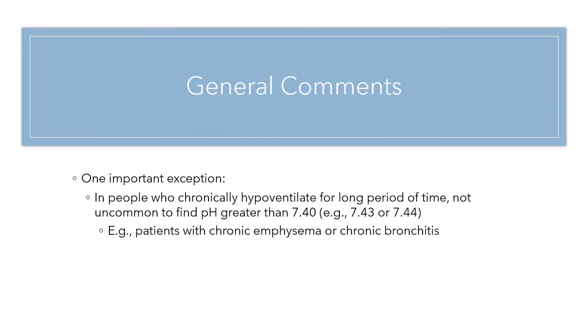One important exception happens in people who chronically hypoventilate for a long period of time. It is not uncommon to find a pH greater than 7.40, for example, 7.43 or 7.44. These are patients with chronic emphysema or chronic bronchitis that have lived with this condition for a long time and are fully compensated by the kidneys.